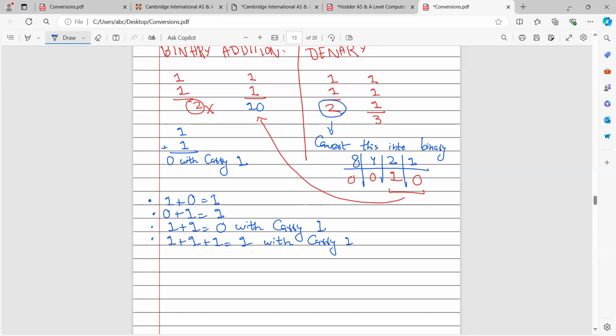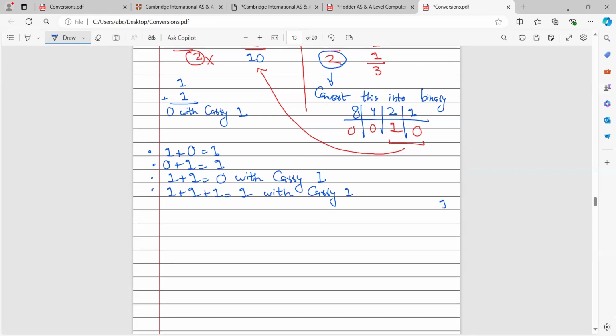So, for example, if I'm adding 1 1 1 in denary it is 3. But if I convert that into binary, it becomes like this. So this is the 11 that is right here. So in these rules, do you have any confusion? No sir. Okay, okay.